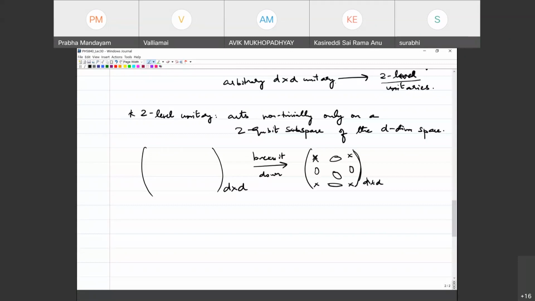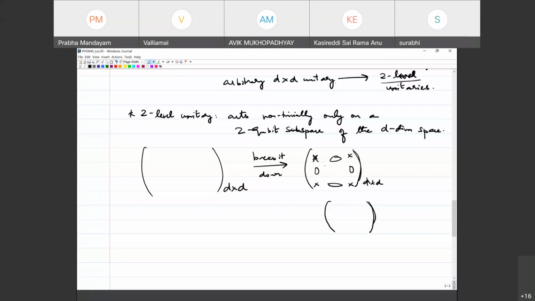And that's why it acts non-trivially only on a two-dimensional subspace of two orthogonal vectors. Another example could just be, you just have to pick some 4 entries like this, right? And I should say that, of course, your diagonals cannot be 0.